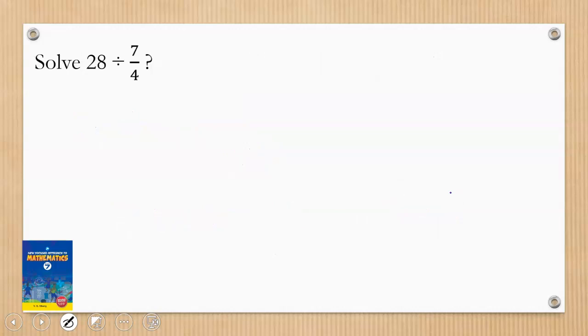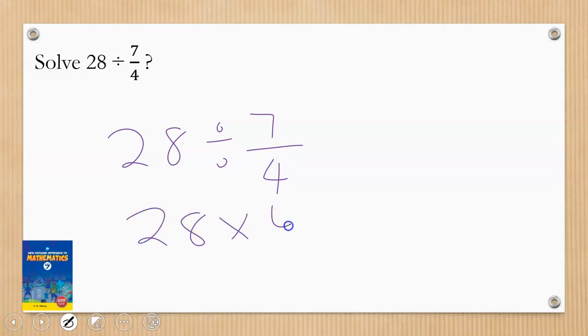Good. Now, finally, let's say we have 28 divided by 7/4. Again, we do 28 times the reciprocal of 7/4, which is 4/7.